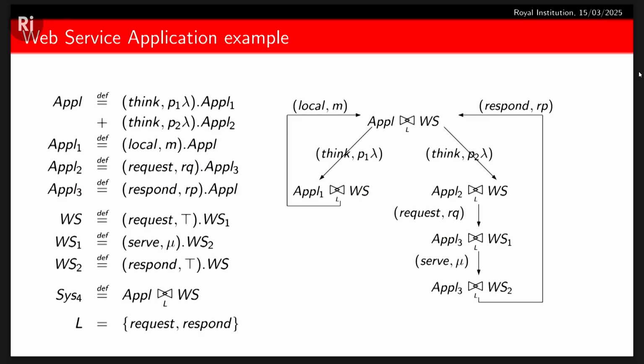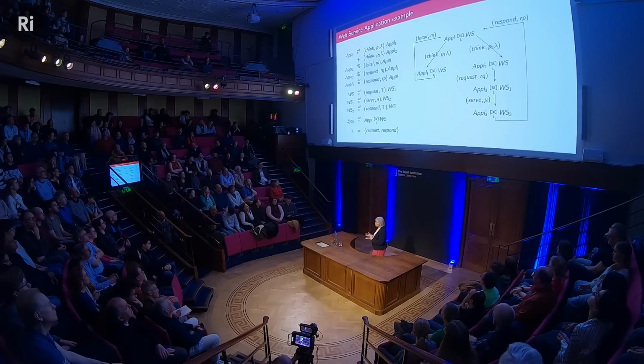Conversely, the web server sits and waits for requests, will carry out the service, and then send a response back. This is very simple. I've just drawn it with one application user, one web service, but typically we would be thinking about hundreds of application users, so multiple copies of these resources, and perhaps tens of copies of the web service available.